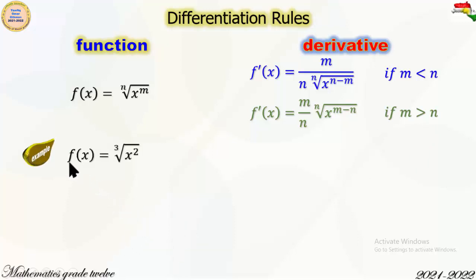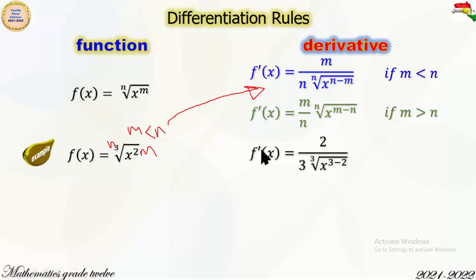Example, f of x is equal the cube root for x squared. As you can see here, m is 2 and n is 3. Therefore, m is less than n. That means we use the first rule. Here is f prime of x is equal.